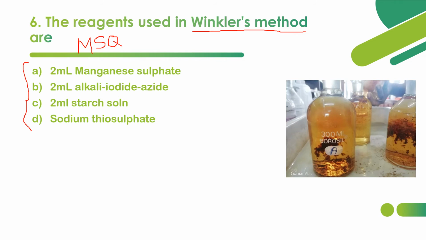Whenever there is presence of DO, that means BOD is nil. So the reagents used in Winkler's method are option A, 2 ml manganese sulfate, option B, 2 ml alkali iodide azide, also correct, option C also correct, option D also correct. So all four options are correct. All four options are related to the reagents used in Winkler's method.